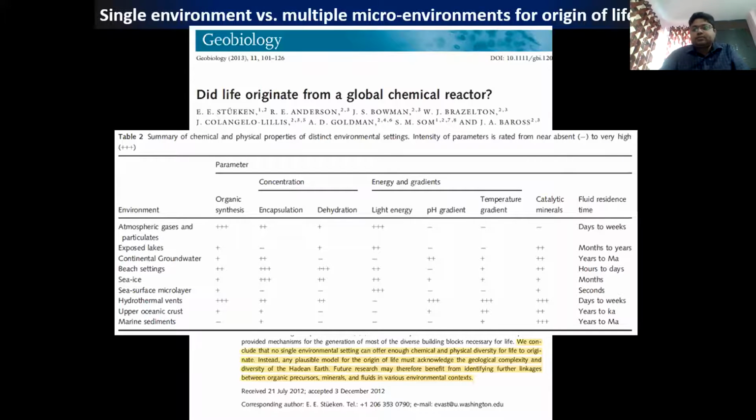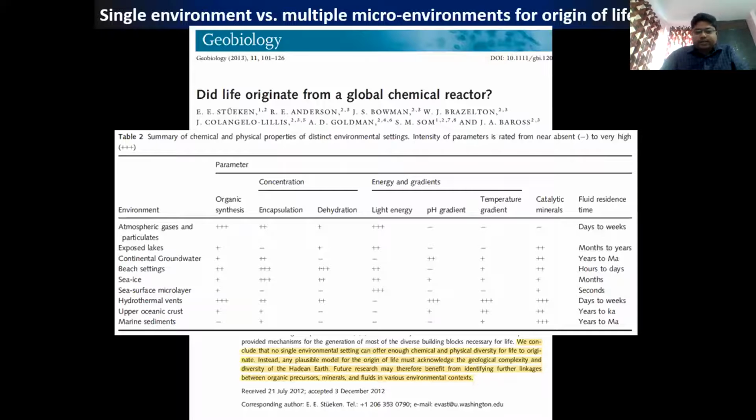And they found that the parameters required for ideal settings for the survival or origin of life can be supplied from different environments. Some environments are rich in some parts, other environments are rich in other parts.